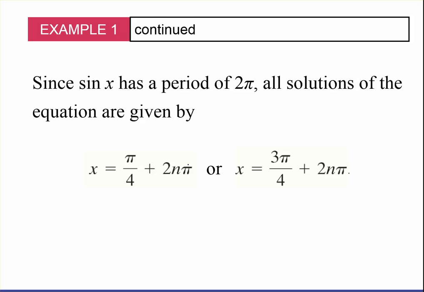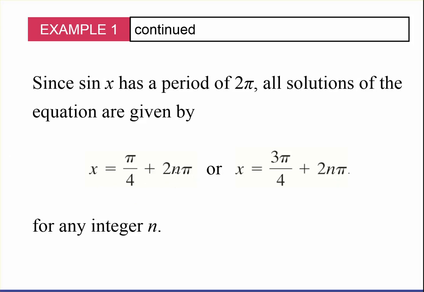All right, then we got the 3 pi over 4, and we're going to do the same thing. We're going to add a 2n pi to it, and n could be any integer that I like. So we have to define what n is. So you can say n is an integer, or you can say for any integer n. So here's what it means. If n is 0, then this just becomes pi over 4.